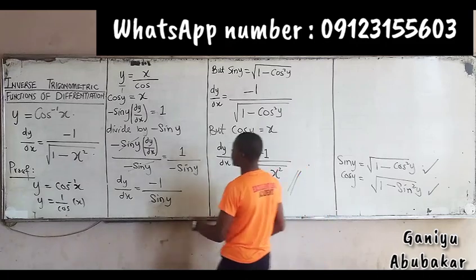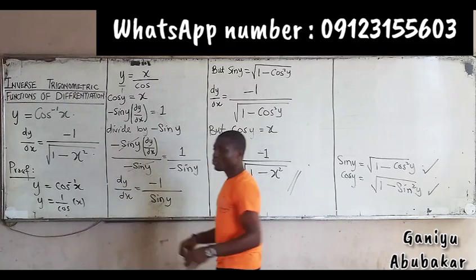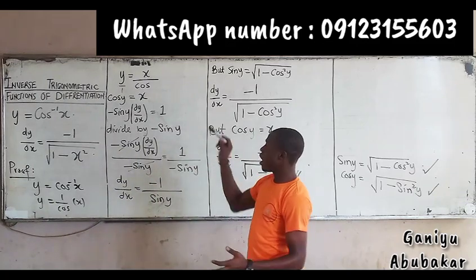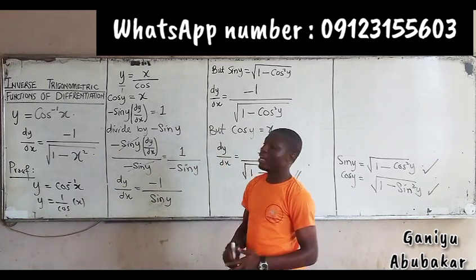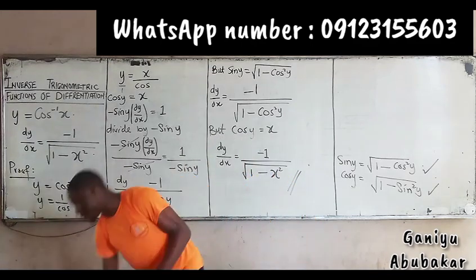Alright, let's prove the last concept, tan inverse of x. We just proved sine inverse of x and now cos inverse of x. Let's prove for tan inverse of x.